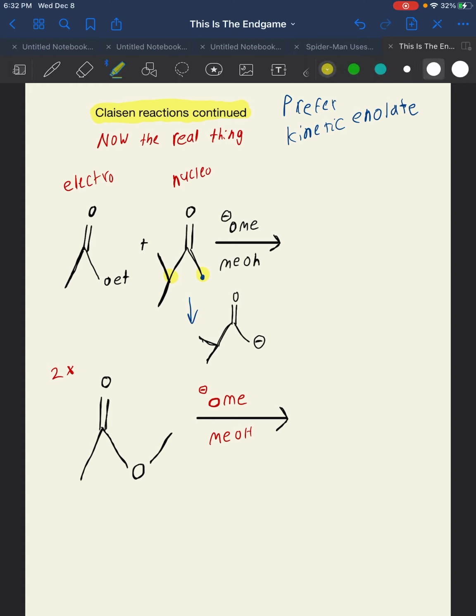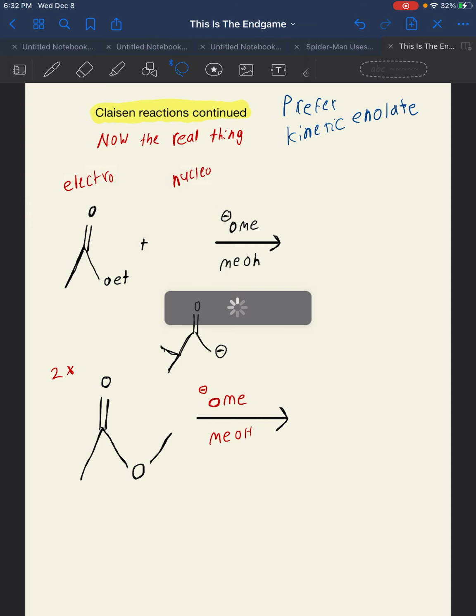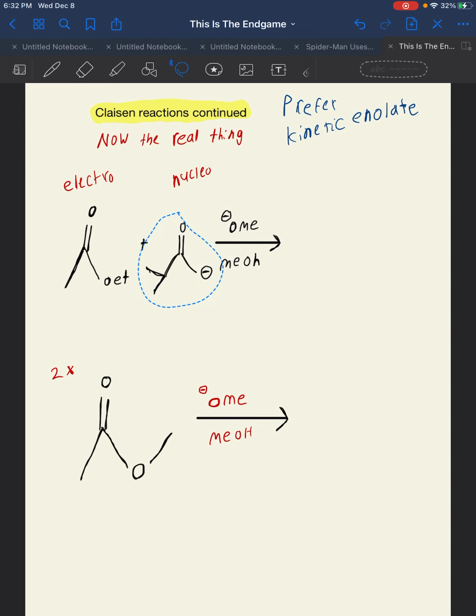And how this then occurs is go back to your ester. Let's get rid of this guy right here. Let's move him up. Your ester would then, this isn't the actual mechanism, but this is the easiest way to think of it, act as a leaving group.